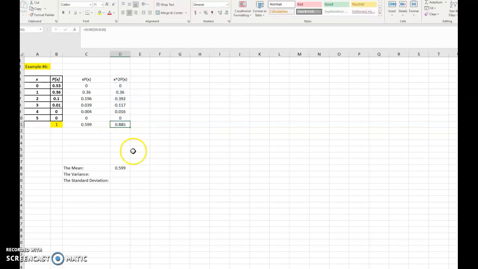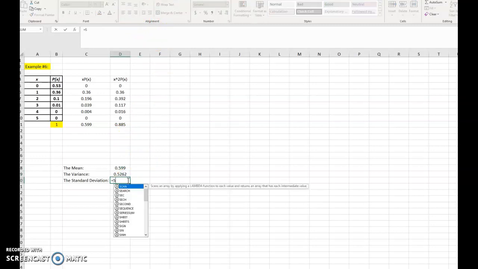That one looks good. To obtain the variance, you're going to be basically obtaining this sum minus the actual mean, but the mean has to be squared. The last portion for the Excel file, you're going to hit equals and take the square root, so SQRT of the previous answer.